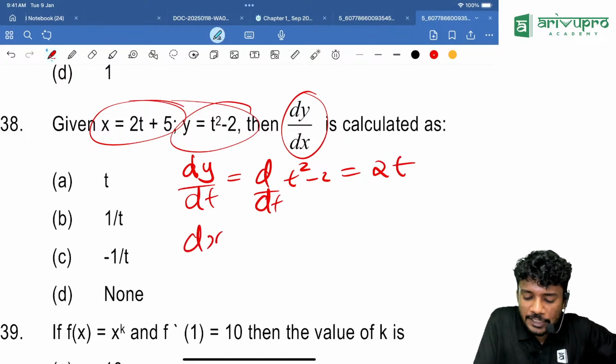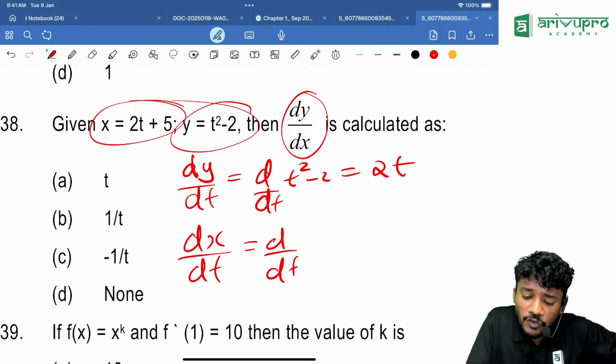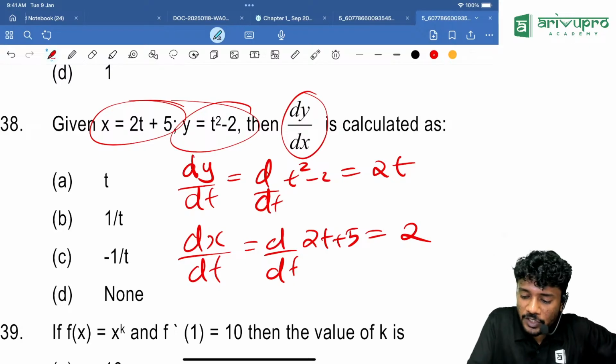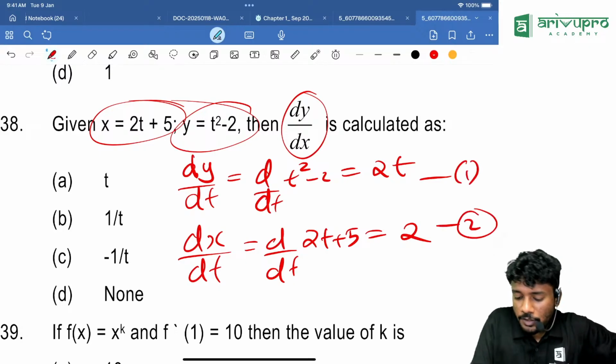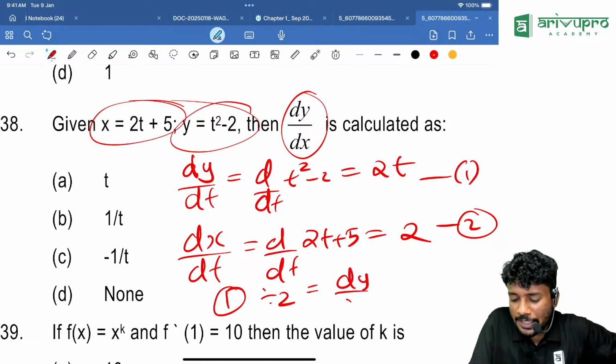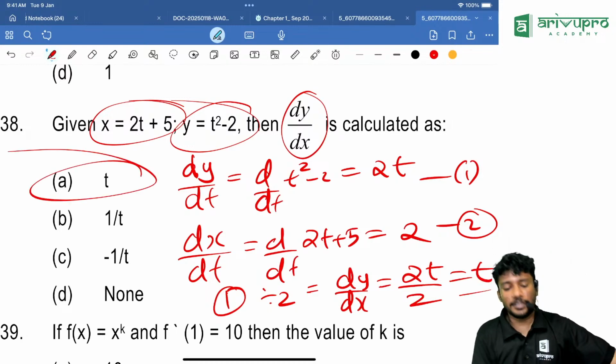Then find dx by dt. dx by dt is how much? d by dt of 2t plus 5, which is equal to 2. That means we need to take 1 divided by 2. That means dy by dx is equal to 2t divided by 2, which is equal to t. Option A is our answer.